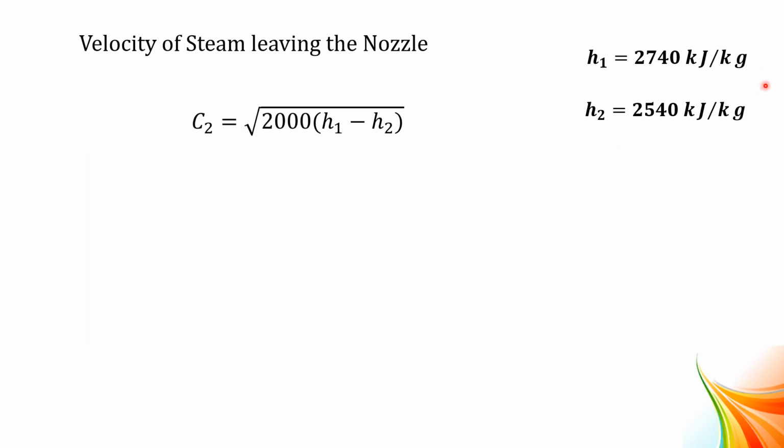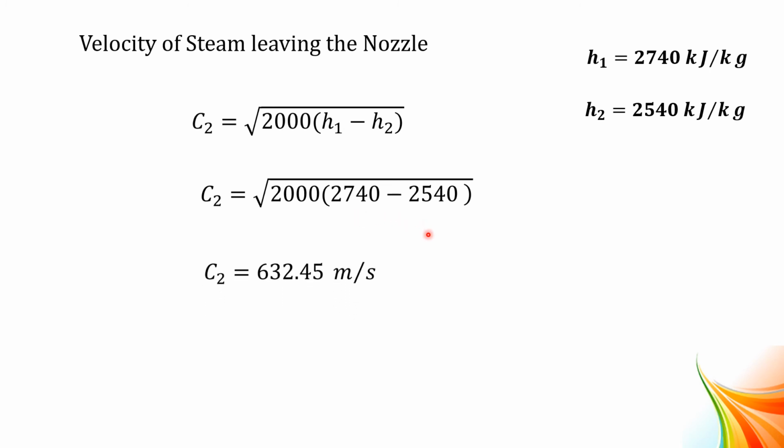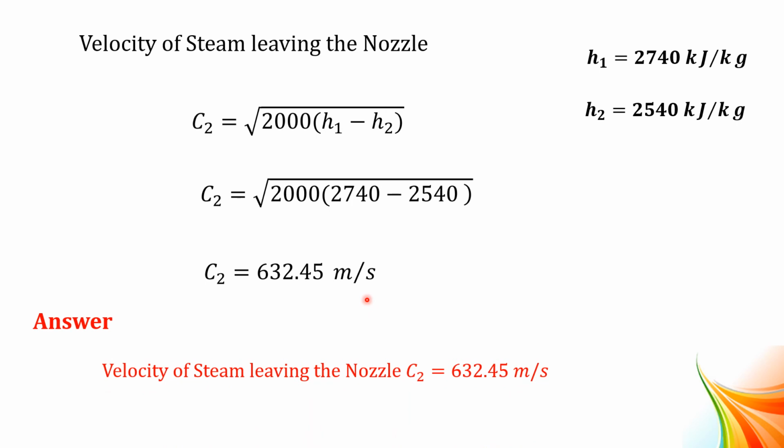Now substituting these values in the velocity equation, we get C2 equal to square root of 2000 into (2740 minus 2540). Therefore C2 equal to 632.45 meters per second. So our answer is: velocity of steam leaving the nozzle C2 equal to 632.45 meters per second.